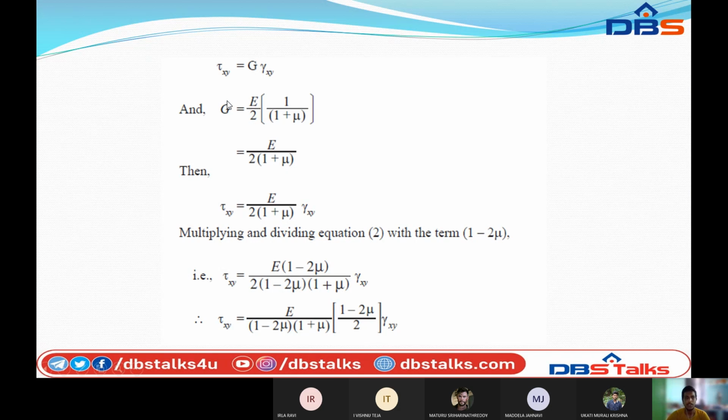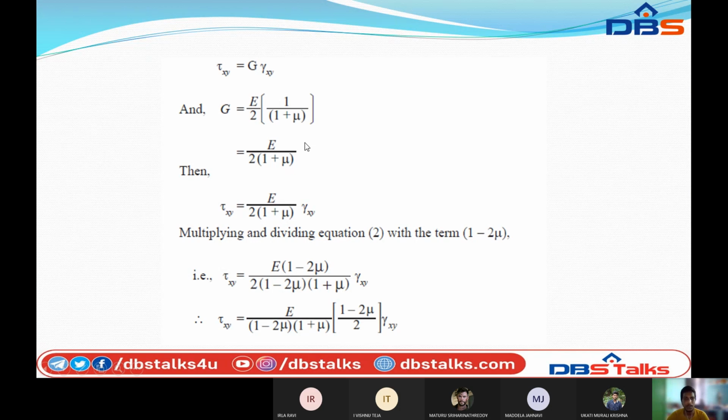After that, we know that shear stress tau xy is directly equal to the modulus of rigidity G times the shear strain of the xy component. We already know the modulus of rigidity G equals E by 2 into 1 plus mu.